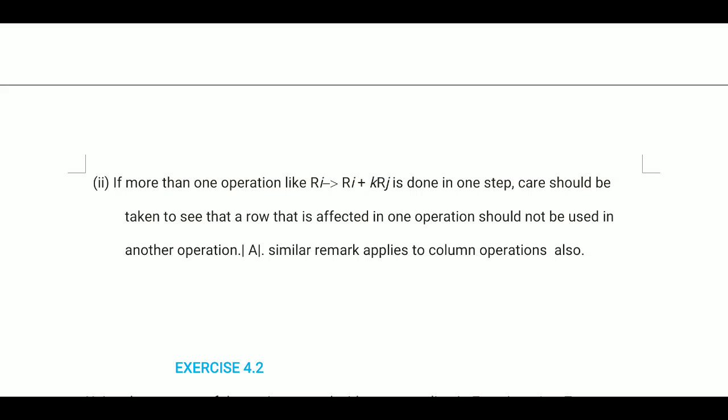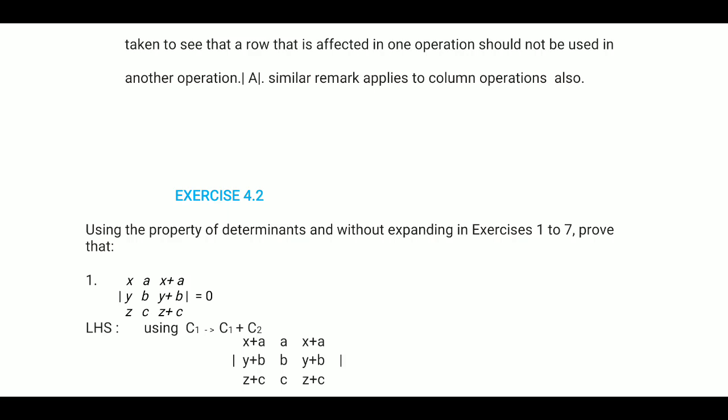Keep in mind, if we are applying R1 becomes R1 plus K R2, then we cannot apply the same process for R2 with R1 at the same time, and a similar remark applies to column operations. Thus we have 6 properties, and using these we have to solve the exercise.